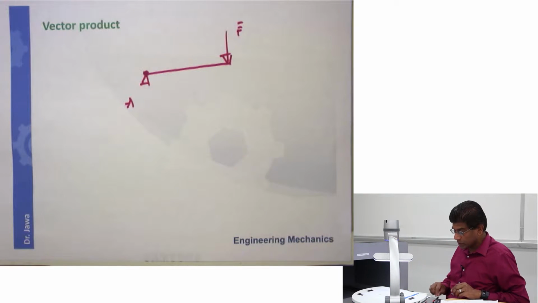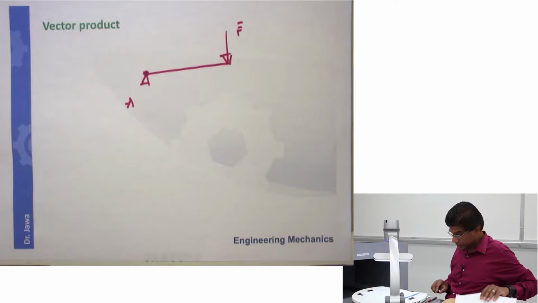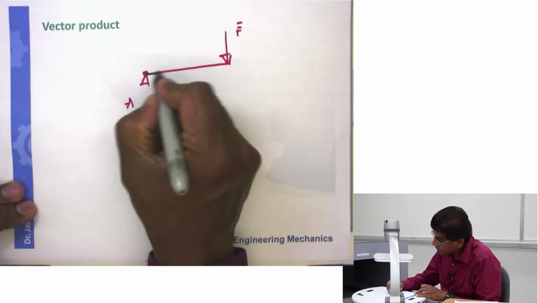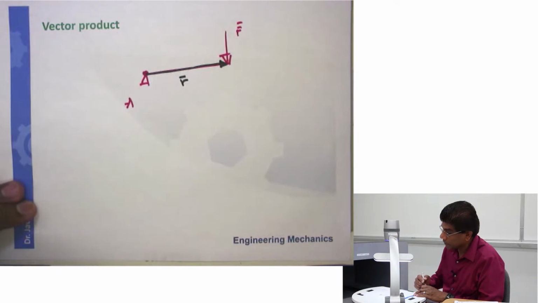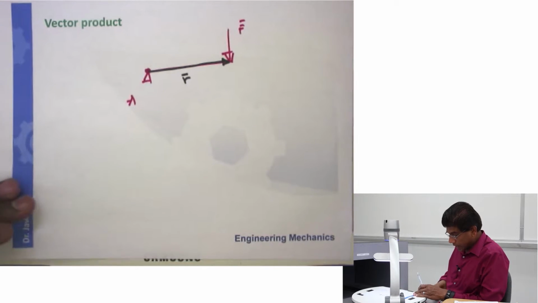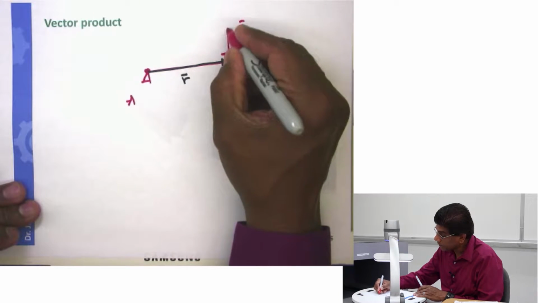Notice how I'm showing the position vector here. This is my position vector. I'm going to call it R. All right? And that's my force vector.